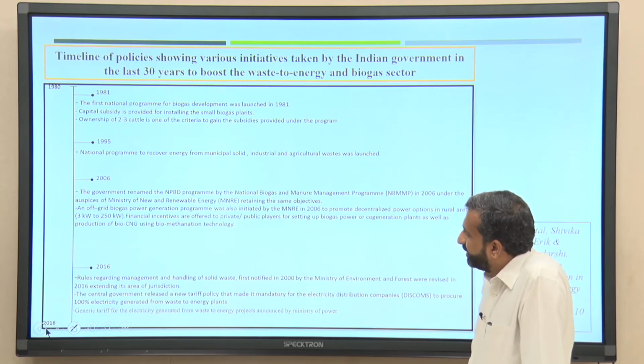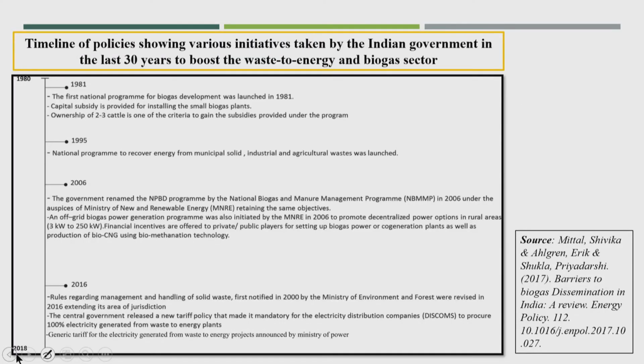In 1995, the National Program to Recover Energy from Municipal, Solid, Industrial and Agriculture Waste was launched, and in 2006 an off-grid biogas power generation program was initiated by the Ministry of Renewable Energy.